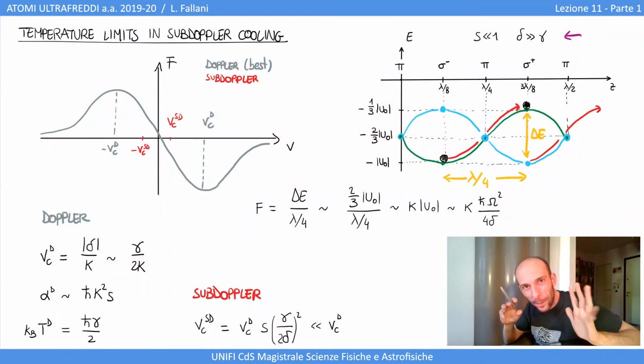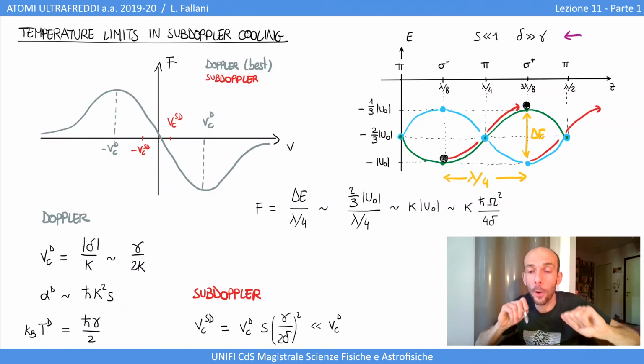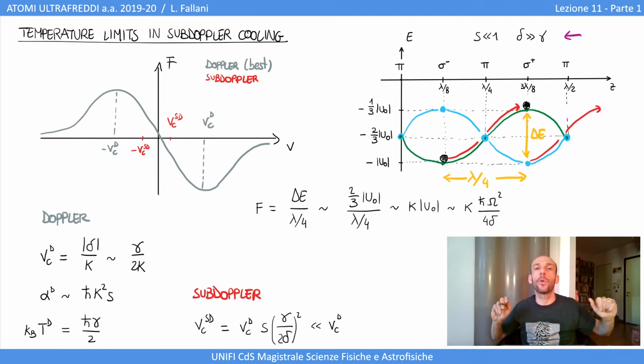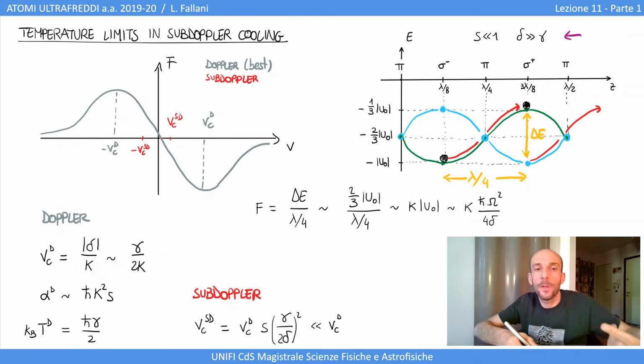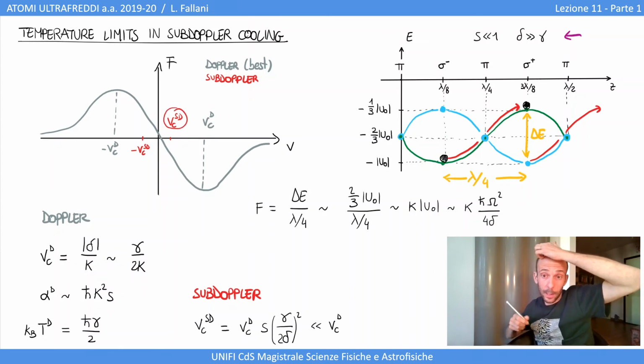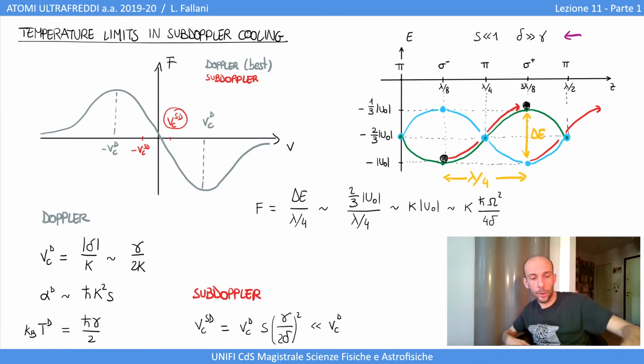So now I have to manipulate this expression a little bit, because we want to extract the friction coefficient out of this expression of force, and so I need to have some velocity dependence there. In particular, this is the maximum value of the force, obtained when the velocity corresponds to the capture velocity. So let's make the capture velocity appear in this expression.